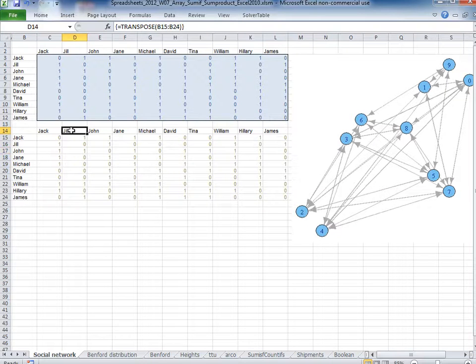Okay, which means that if we take now two tables, here we have John Jill, John knows Jill. And here we have, as we just spoke, Jill knows John. So now, after transposing, in the same places of the two matrices, we have the reciprocal relationships.